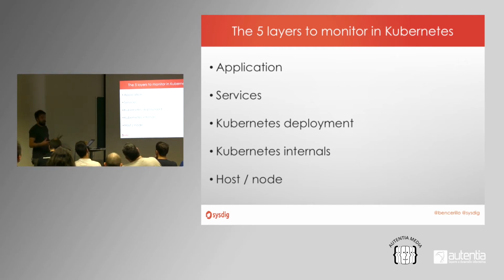Additionally, we need to monitor Kubernetes itself. It's composed of a number of different services, API server, kubelet, all those services, and we need to make sure they are running, otherwise Kubernetes is going to fail. Last layer, we still need to monitor nodes and hosts. It's important. Obviously, if a host fails, it's Kubernetes' job to schedule those containers that were running there onto a different host.